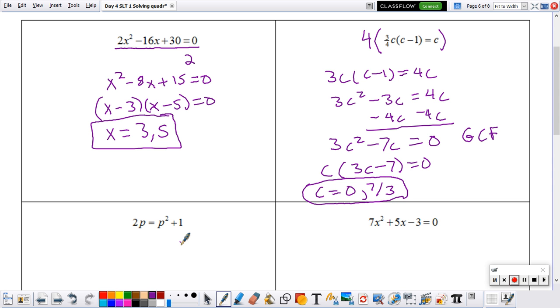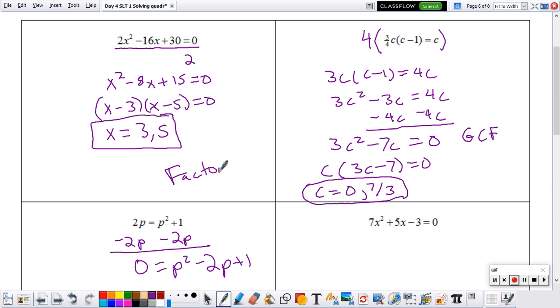Okay. Again, before I attempt anything, I got to get it in standard form. And it just makes sense to move everything to the right because the p squared is there and he's kind of like the boss. So I've got 0 equals p squared minus 2p plus 1. So this was factor a equals 1. This was GCF, but also factor.